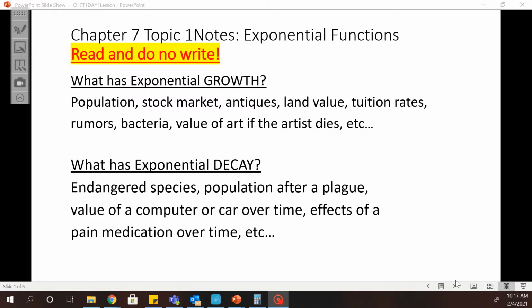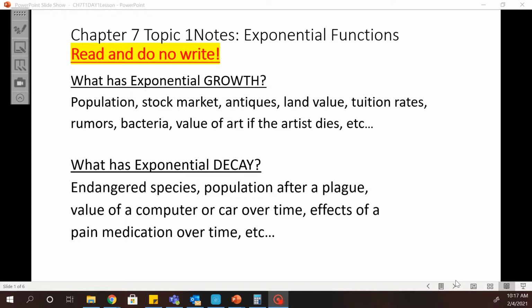An example of something growing exponentially would be population, the stock market, the value of antiques, land value, tuition prices, rates, anything that grows as a percentage of its value. So you hear of stuff growing by like 10% each year or 12% each year. That's an example of exponential.